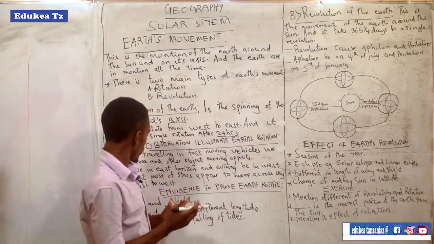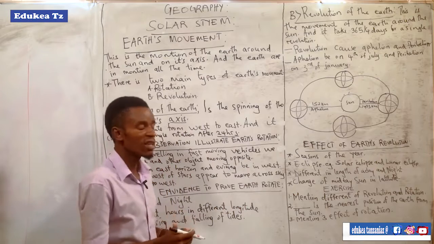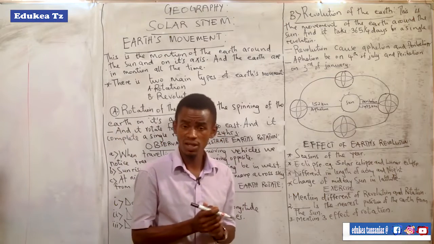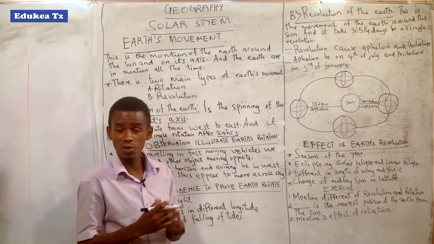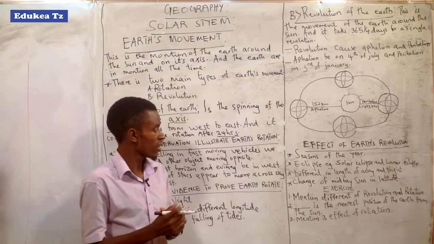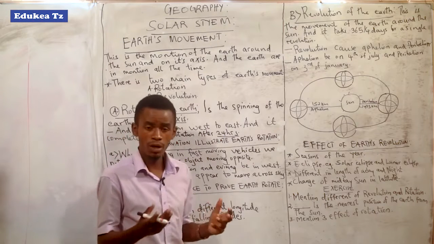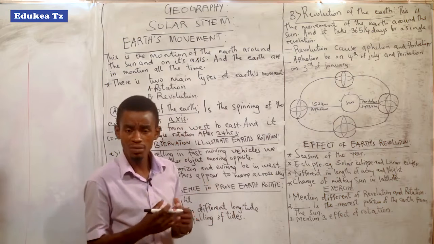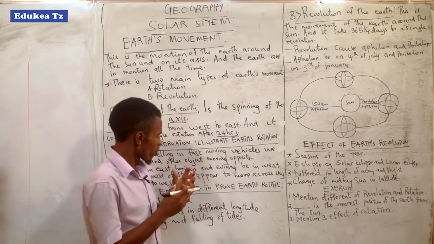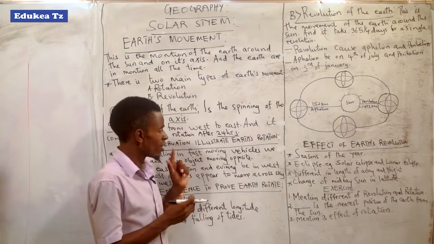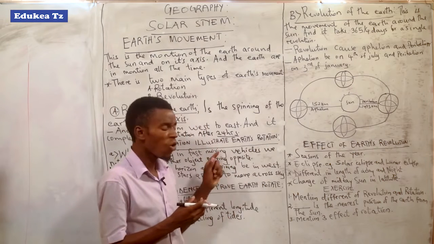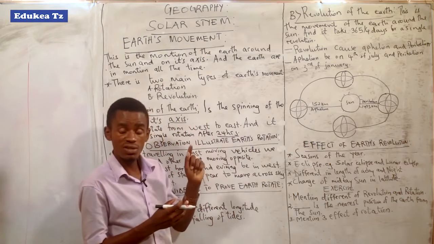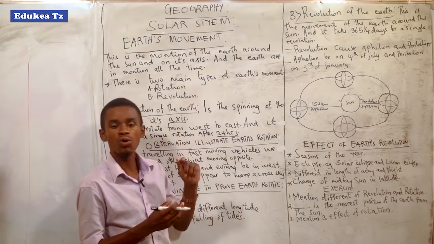An example is when we travel in fast moving vehicles, like a car, a motorcycle, or maybe low-flying planes. The things you can observe are that the trees and other objects appear to be moving opposite to your direction.